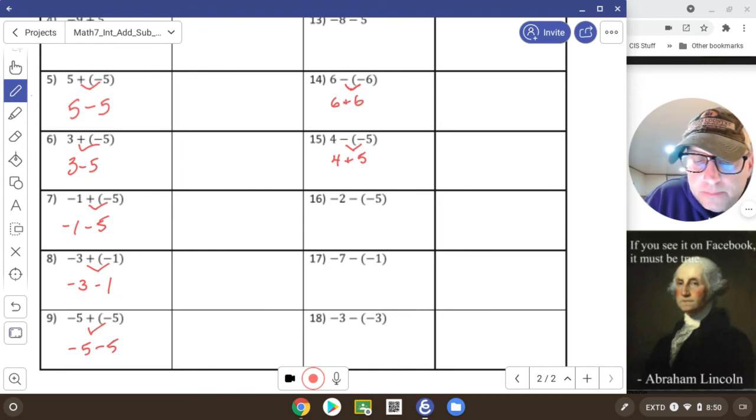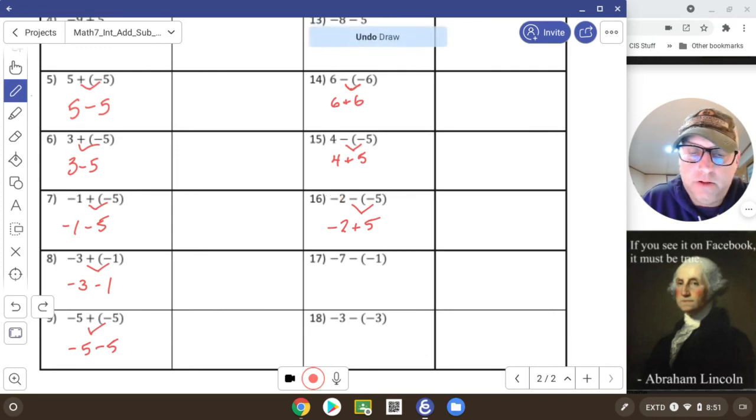Okay, number 16, minus minus in the middle. This is negative 2 plus 5. Now notice, guys, the minus in front of the 2, you don't ever change that. It's not affected by this double sign rule.